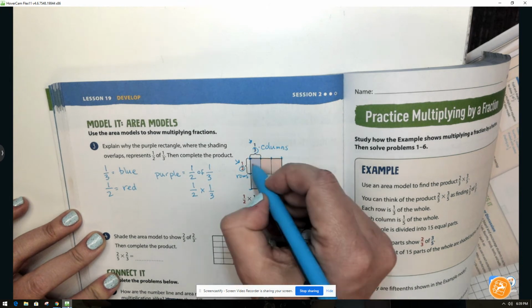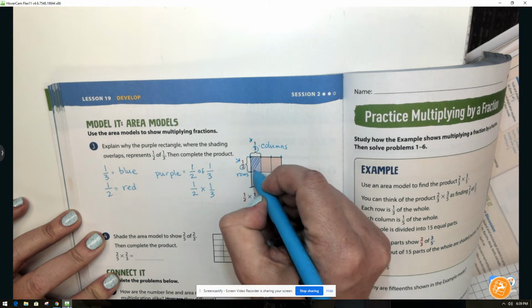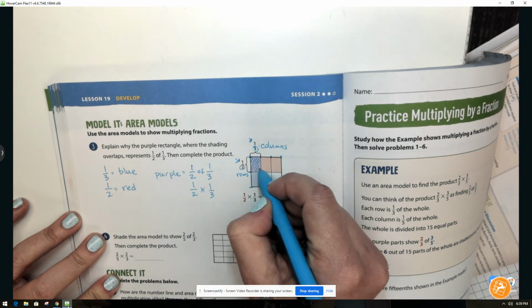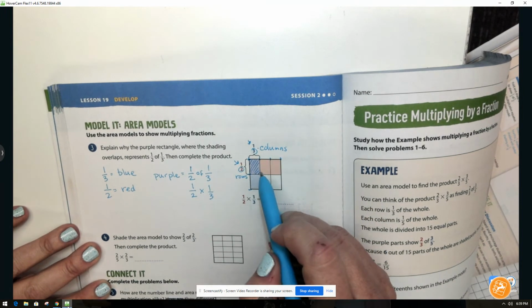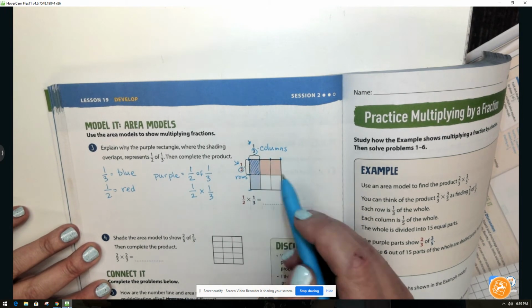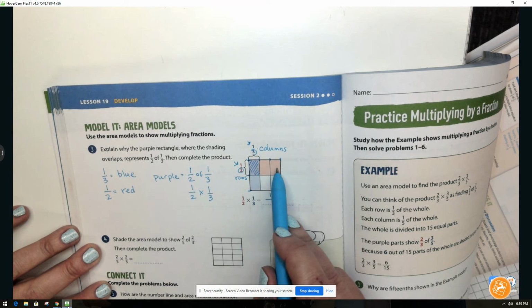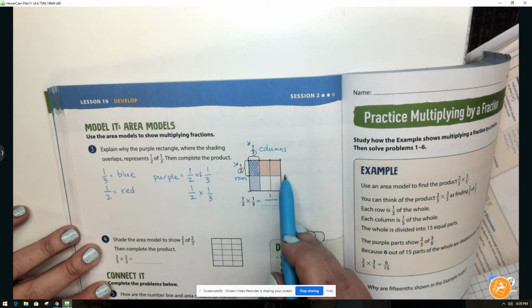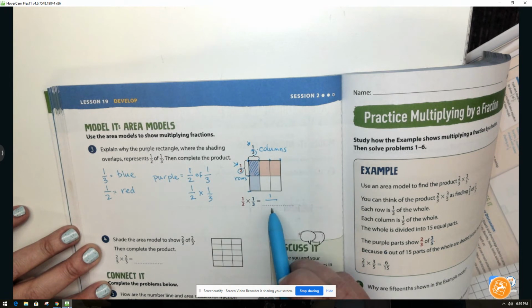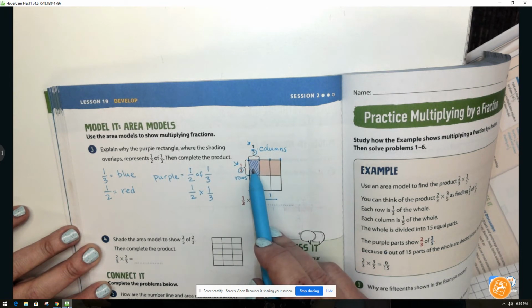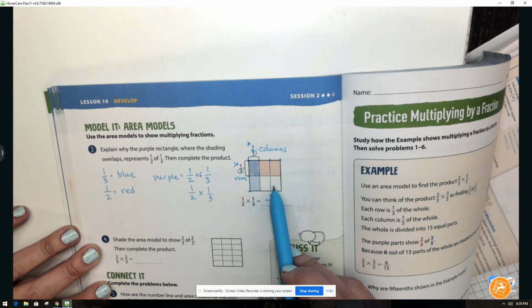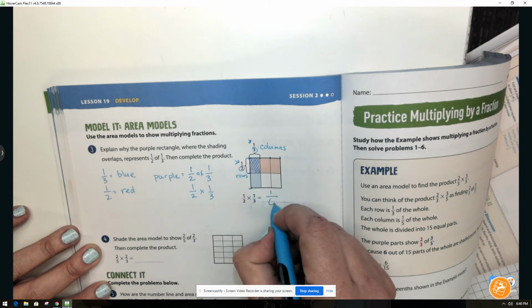When we do it, this overlapping section is our answer. The way we figure out what the answer is, we know the number of overlap is going to be your numerator. The total number of squares in the whole area model is going to be your denominator. So how many are there in the whole area model? 1, 2, 3, 4, 5, 6. 6.